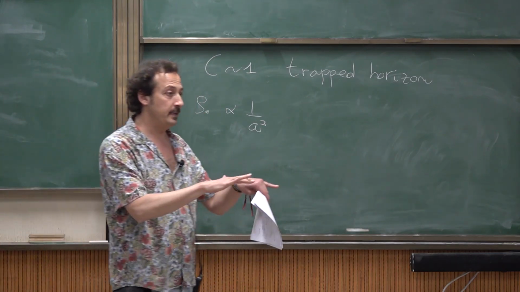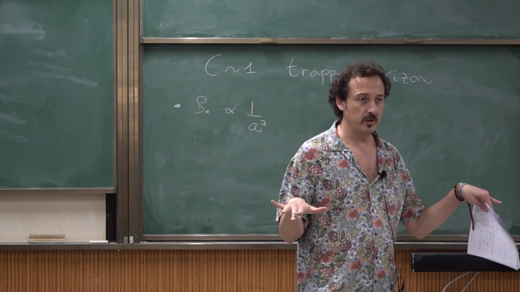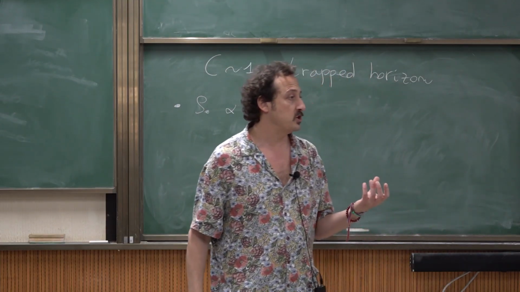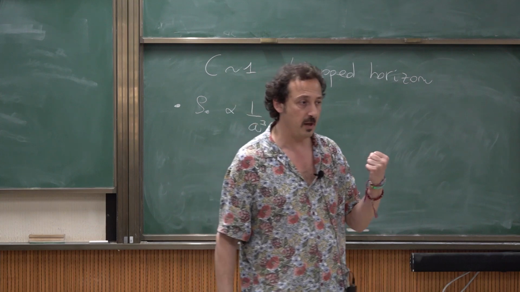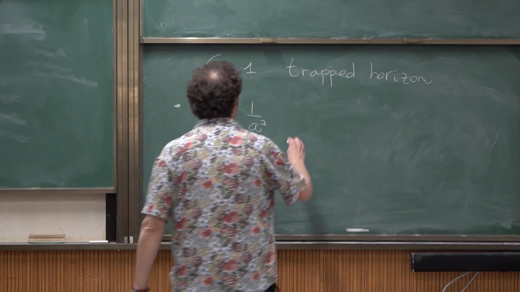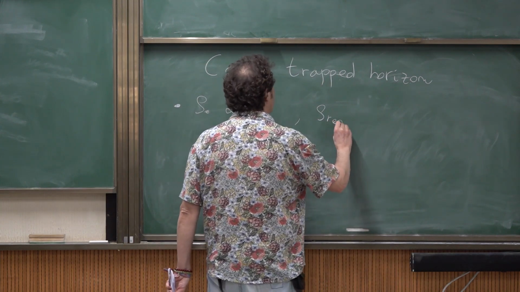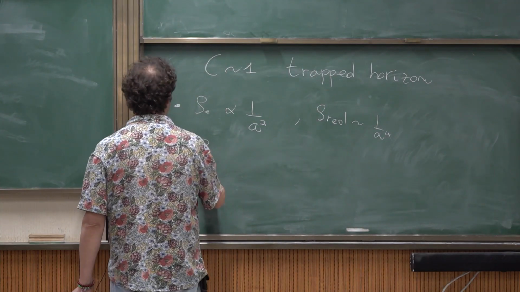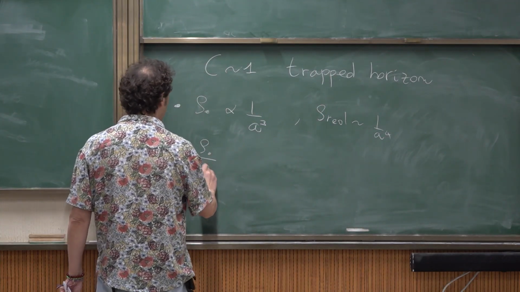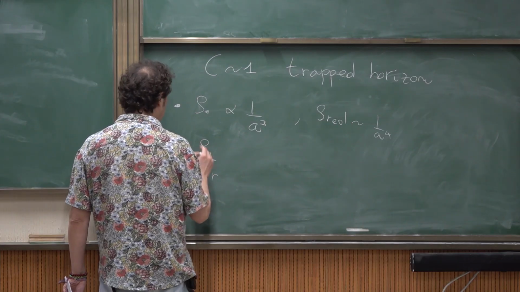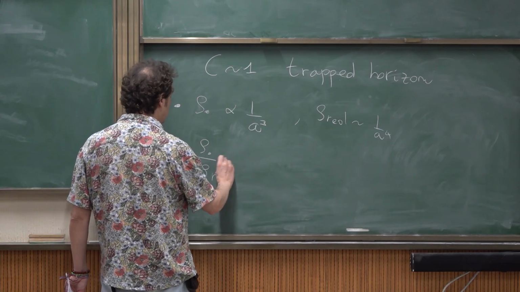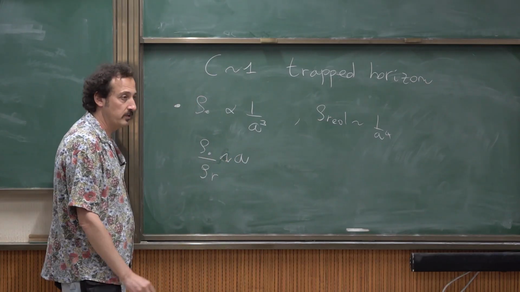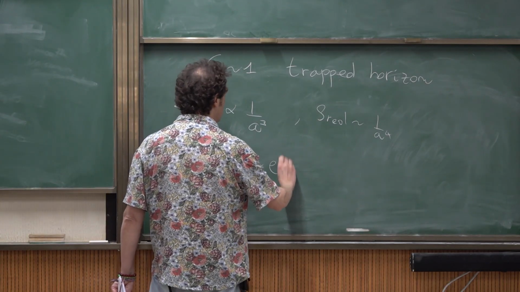While the radiation of the universe, because we are thinking that those black holes are generated by large inhomogeneities in the radiation epoch, goes like 1 over a to the 4. So the energy density of black holes divided by the energy density of radiation scales like the scale factor, which in terms of e-foldings is e to the N.